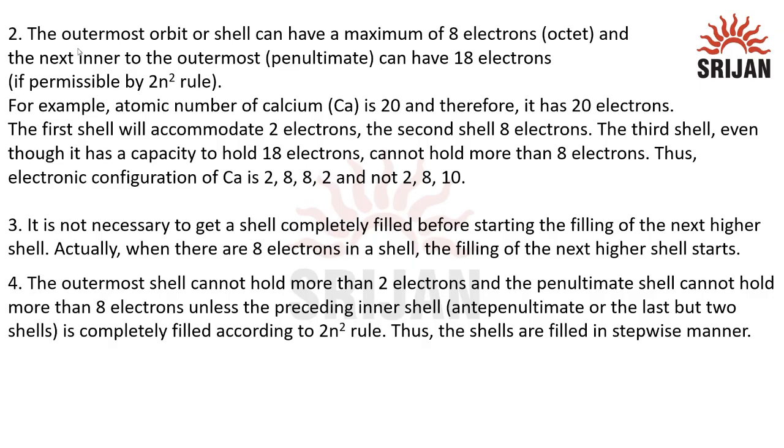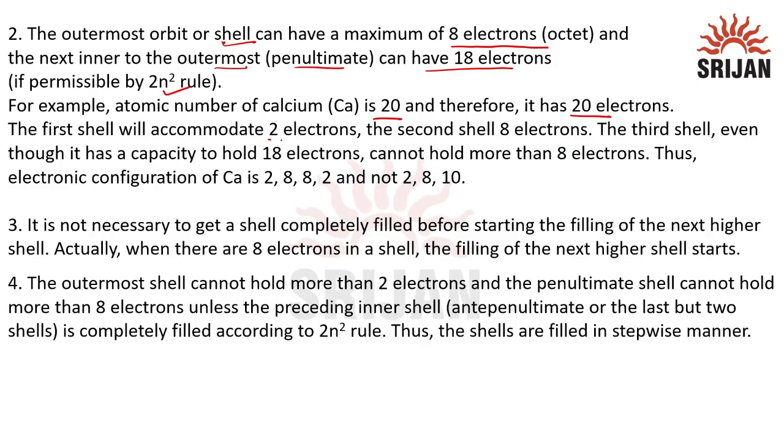Moving ahead, the second point is that the outermost orbit or shell can have a maximum of 8 electrons according to the octet rule, right? The next inner shell to the outermost, that is the penultimate shell, can have 18 electrons if permissible by the 2n square rule. For example, the atomic number of calcium is 20, that means it has 20 electrons.